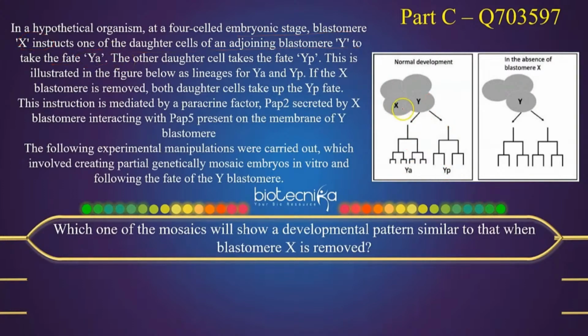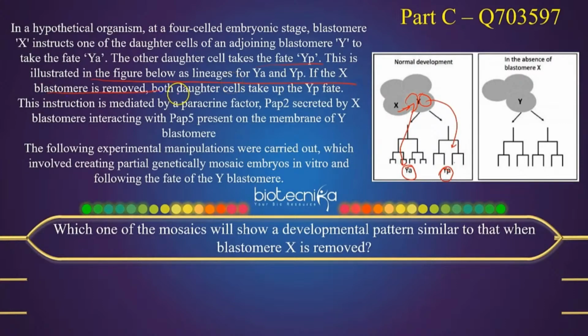Y is dividing into two daughter cells and X is giving signal to form the YA. And whichever cell is not receiving the signal, it is forming YP. As we just solved the question on P2 and AB blastomere, it's like that only, but they have reversed the positions. So let's not bring that in between. The other daughter cell takes the YP. This is illustrated in the figure below as lineages of YA and YP.